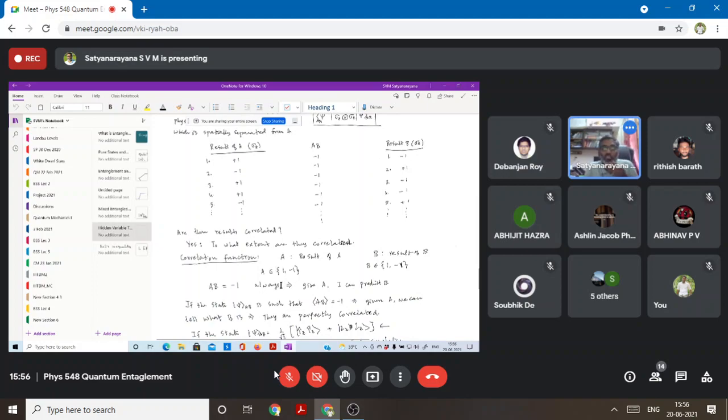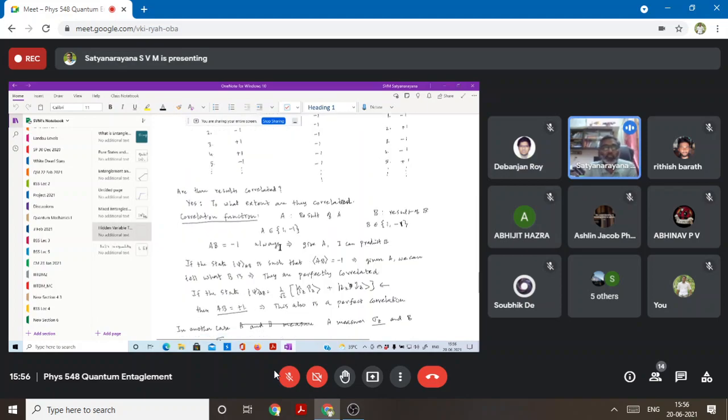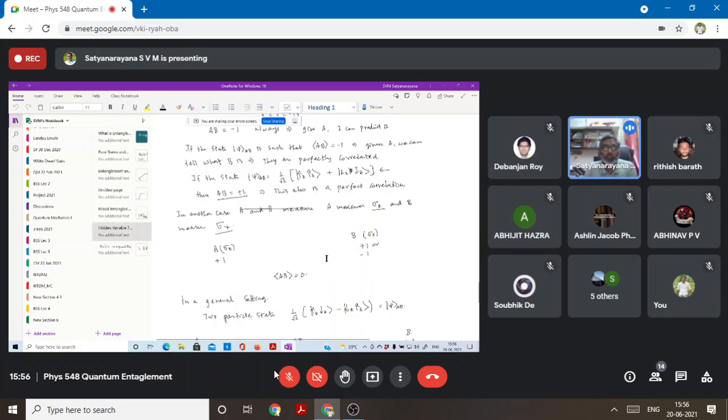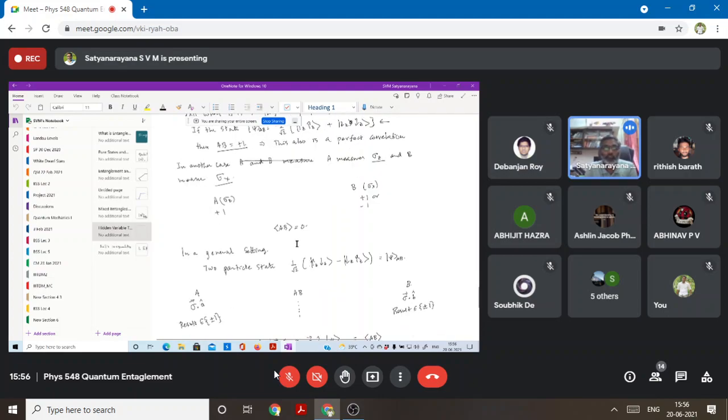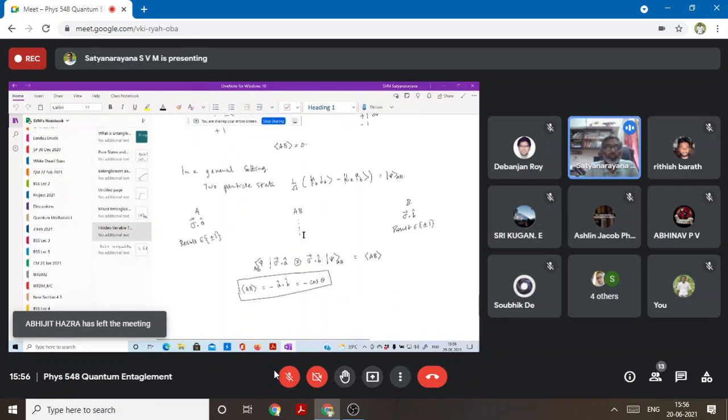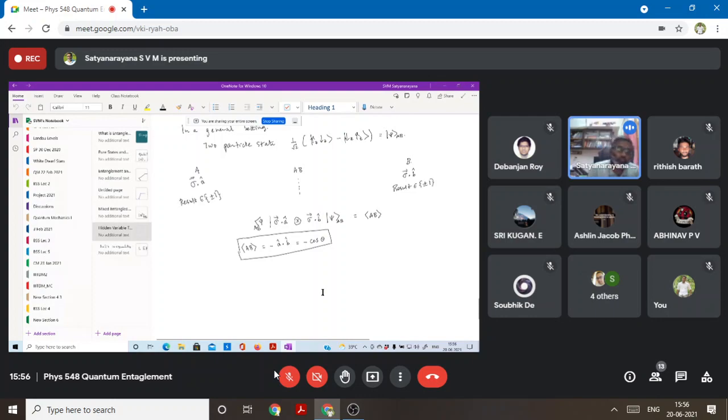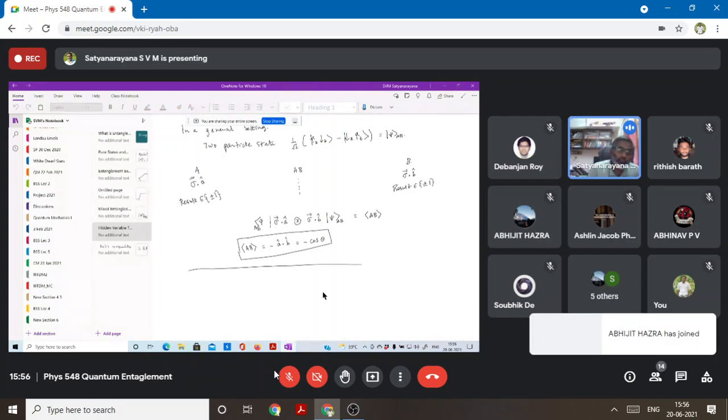Then I talked about sigma z and sigma x, and said the correlation function will be 0. But then if you take sigma dot A and sigma dot B, we guessed that it should be minus A dot B. Correct? So exactly what you are saying is what we did in the last class.